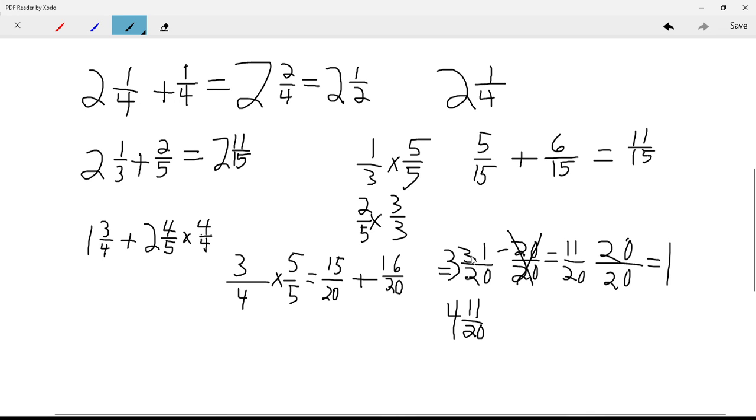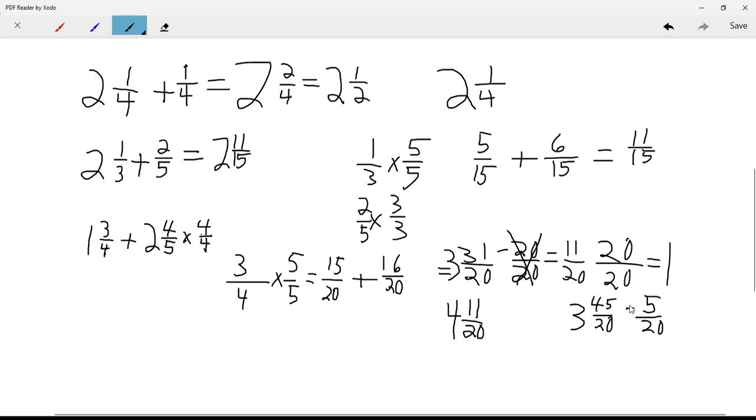Sometimes if you're adding a bunch of different fractions together, you might get something like 3 and 45 twentieths. Well, in this case, you would just subtract 20 two times, right? I know that 20 goes into 45 two times, so it would end up being 5 over 20, and then I would just add 2 to the 3.